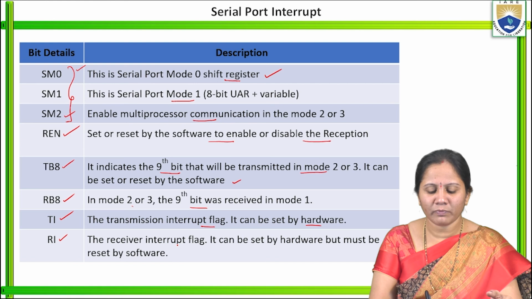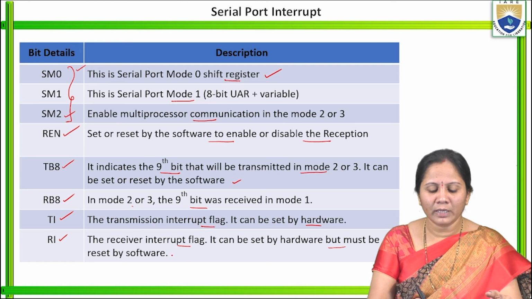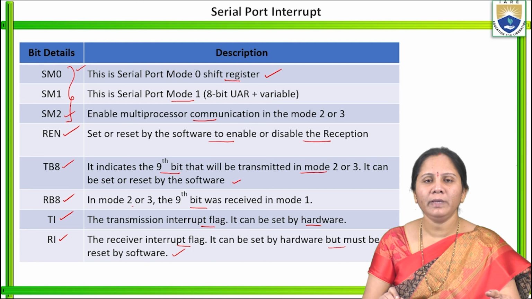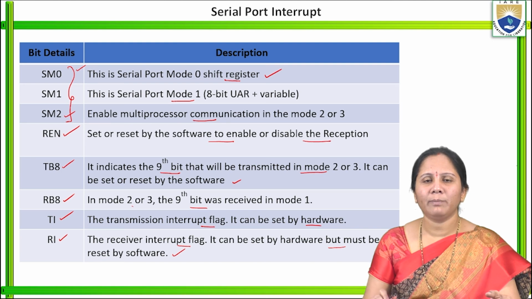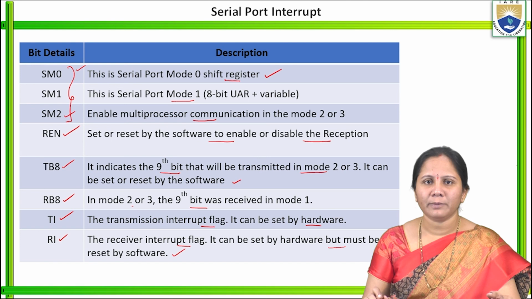That is the interrupt flag related to the receiver part. It can be set by the hardware, but it should be reset by the software. So this RI is the interrupt that will be executed during the receiver section. After receiving all the complete data by the receiver, only then this RI bit will be set.